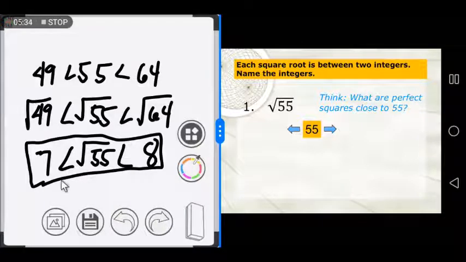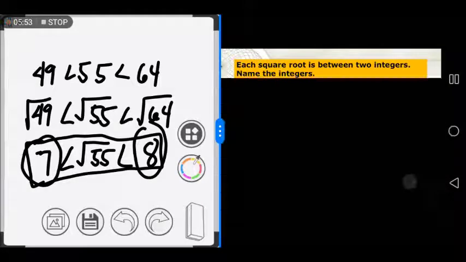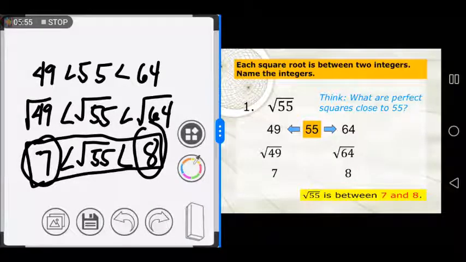So, ibig sabihin, kahit na hindi mo siya isulat sa notation na to, basta ma-identify mo na siya nasa pagitan ng 7 and 8, okay na po yun. So, laging tatandaan, yung lesser number natin ay on the left side and the greater number will be on the right side. 7 and 8. So, pwede mo siyang i-state directly as square root of 55 is between 7 and 8.